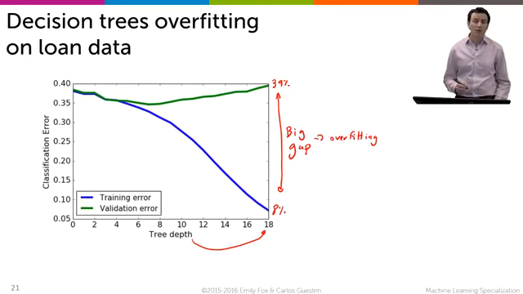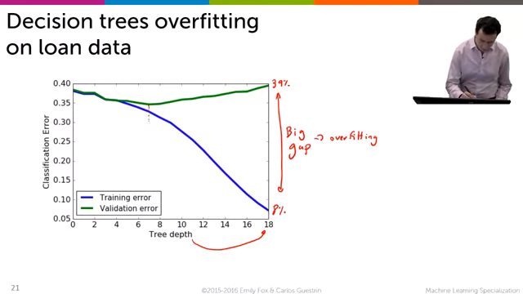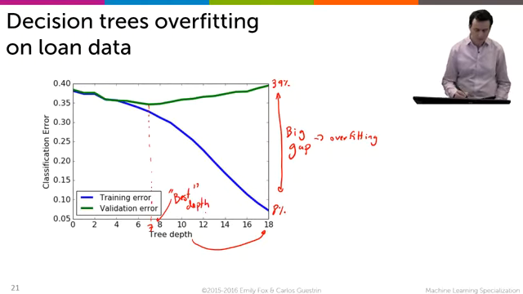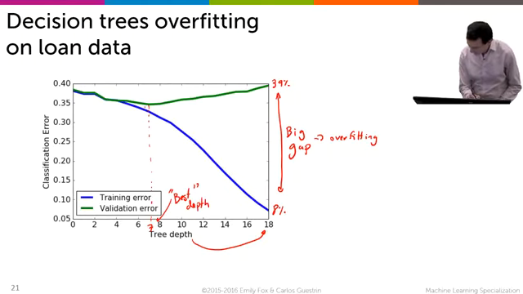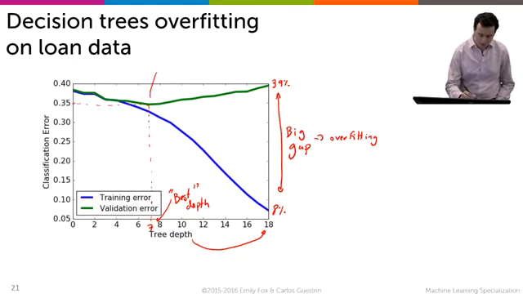If somehow you were able to pick the best depth for a decision tree, which in this case was depth 7, then you notice that the validation error is just under 35%.